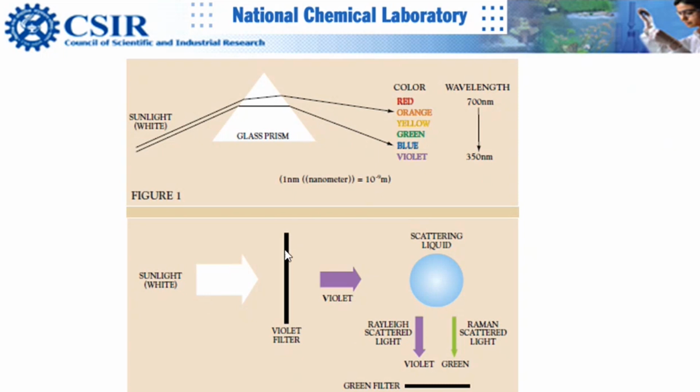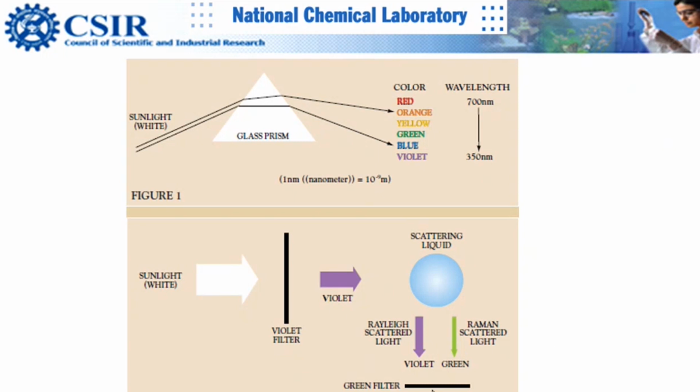You can see that, so you have sunlight, and for example when you put a violet filter, you have violet light. Then if you put some molecules here and let the light interact, you will find that it is shifted towards the low energy side as well as towards the high energy side, Stokes shift and anti-Stokes shift, vice versa, respectively.